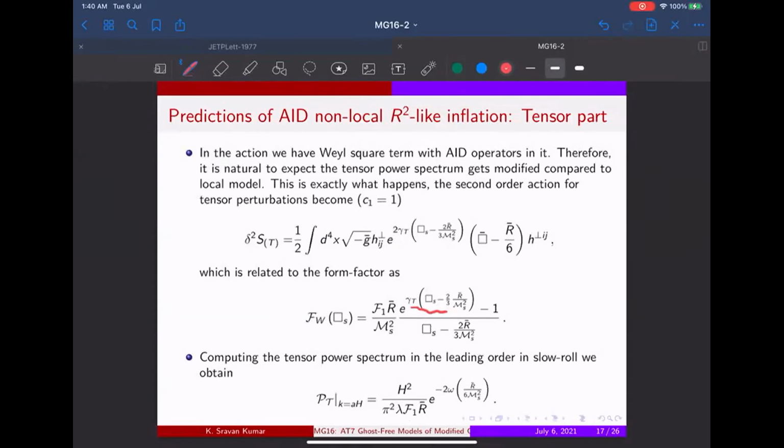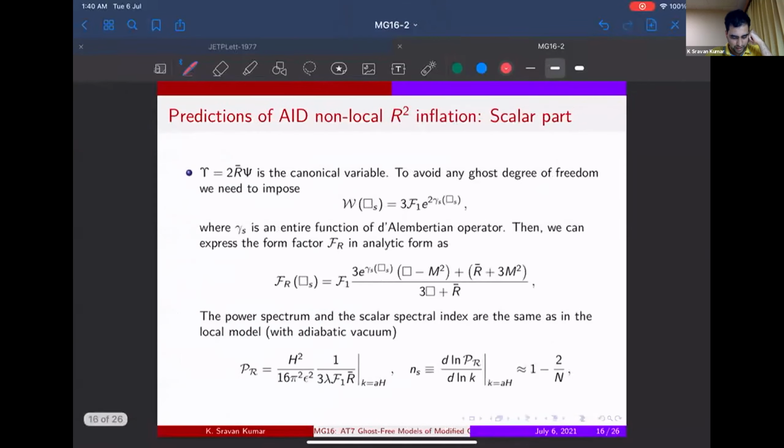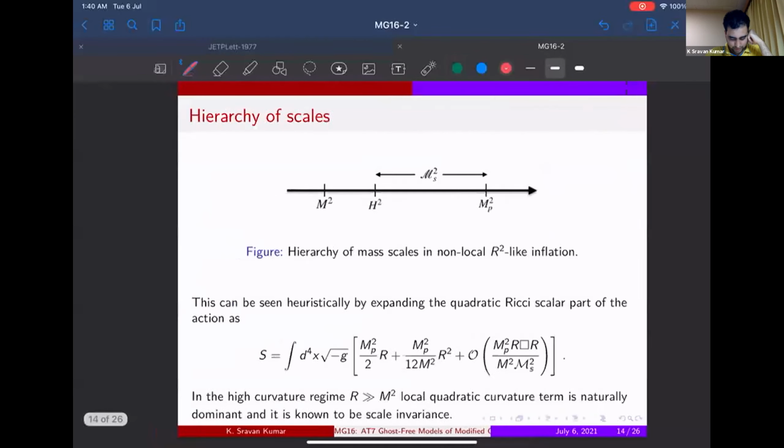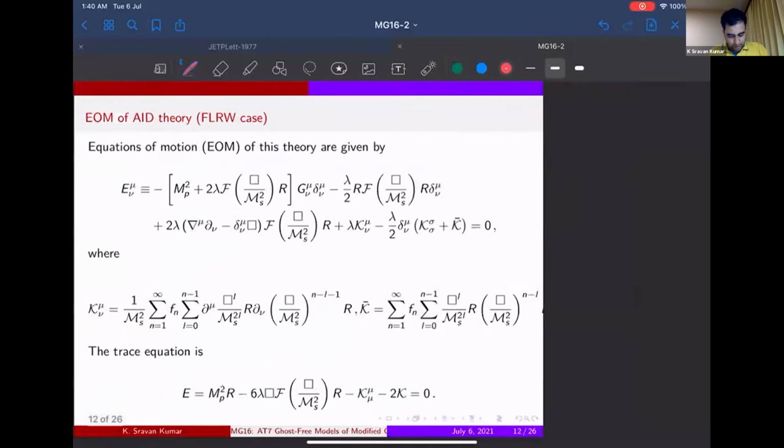But again, do you essentially need to start from a conformally flat background, or can you start anywhere? We can start anywhere, but then solving the equations of motion is very tough because of this Weyl term.